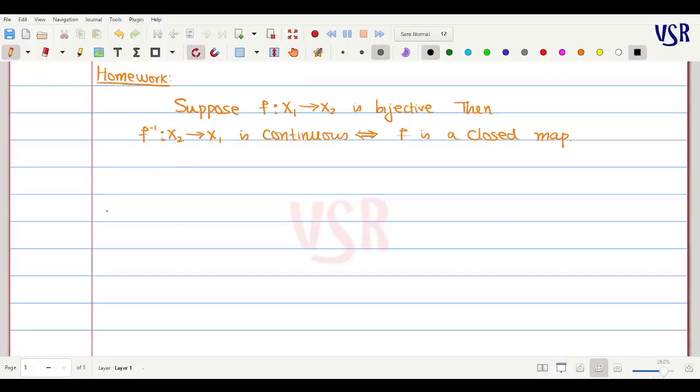Okay, I call it a theorem or remark. Let f from x1 to x2 be a bijective map.